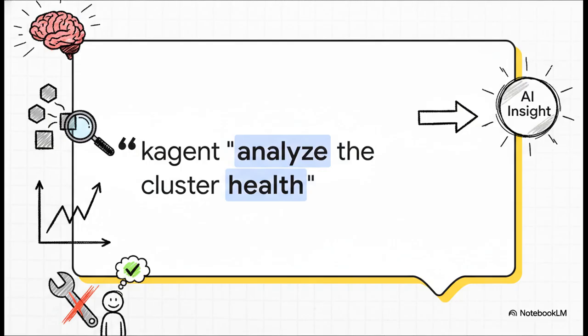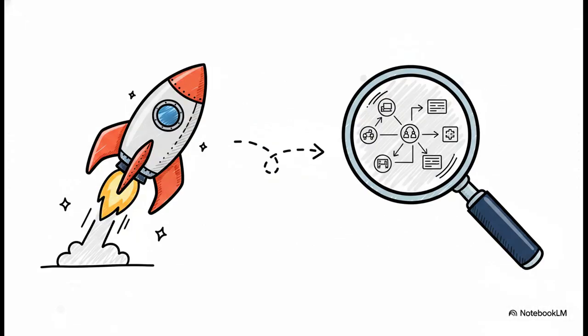A simple command like "kagent analyze the cluster health" can give you these incredibly powerful insights, and you don't have to be a deep diagnostics expert to understand it. So here's how to think about the two. You use kubectl-ai for your day-to-day stuff, to get things done and move really fast. Then, when you need to zoom in and tackle a more complex problem, that's when you bring in Kagent for the heavy-duty diagnostics and optimization.